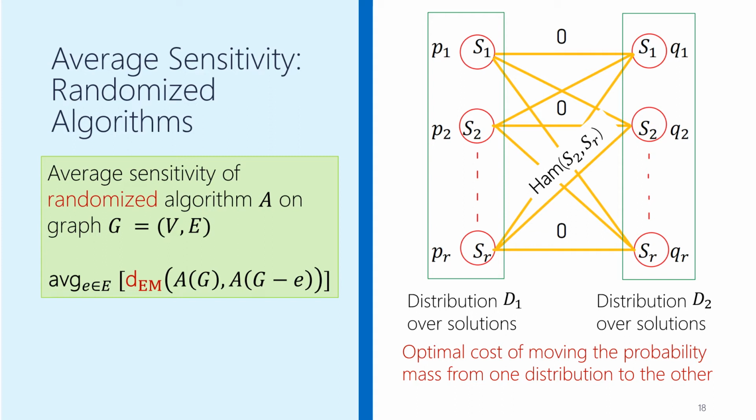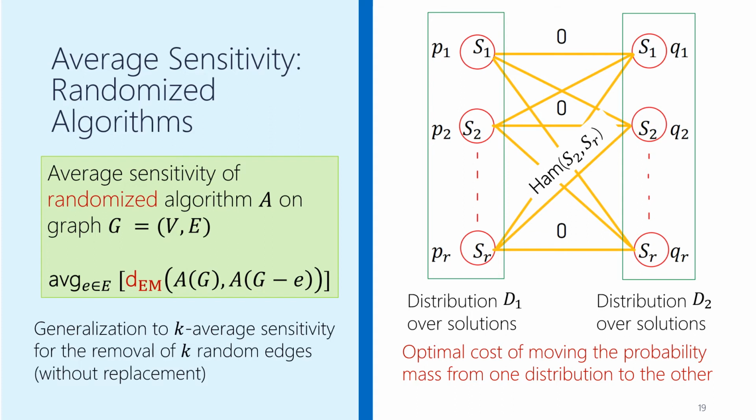In a sense, it is the work that we need to do in order to transform the left distribution into the right distribution. As before, we can generalize our definition to the removal of multiple edges also.